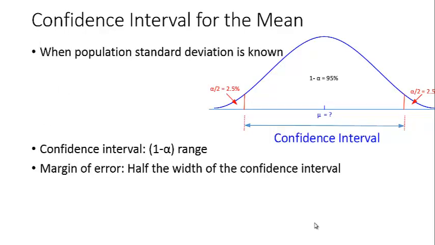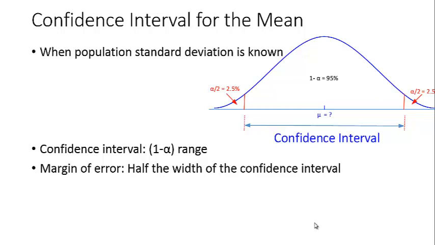For a mean, we do have the population standard deviation. We're looking at the confidence interval around the mean. If our alpha is 5%, that means we consider 5% chance for error. Within the remaining 95% chance, we develop our confidence interval.